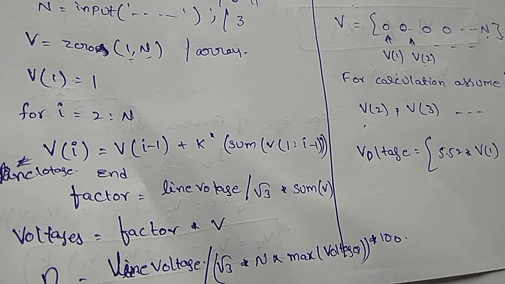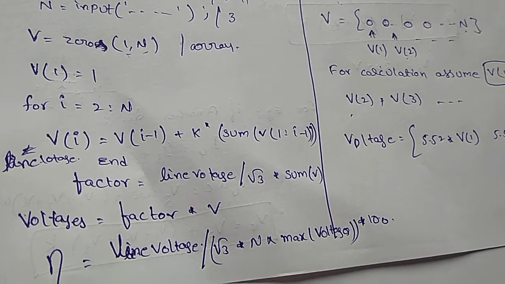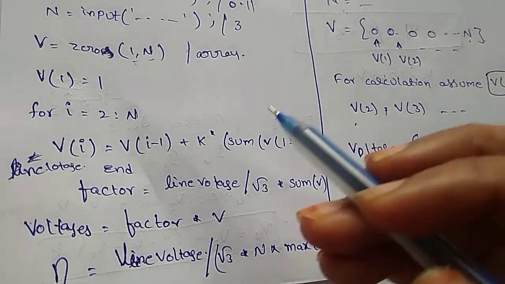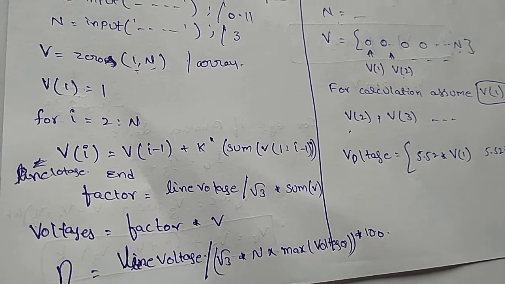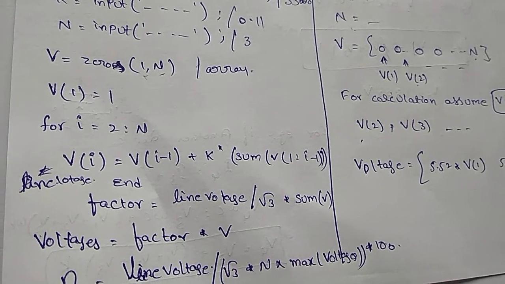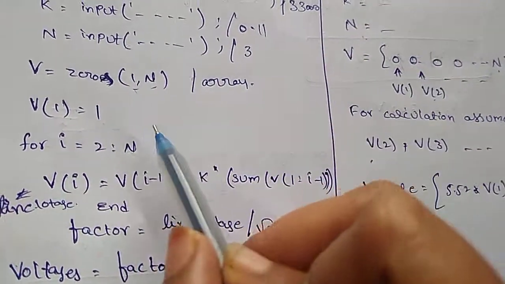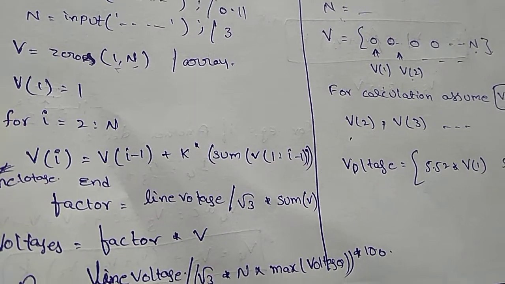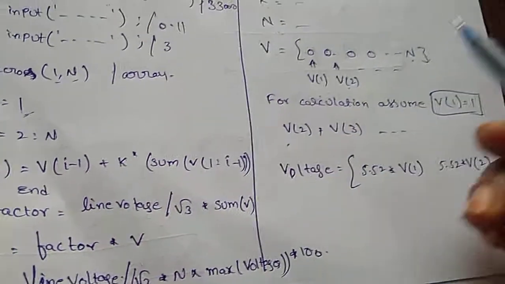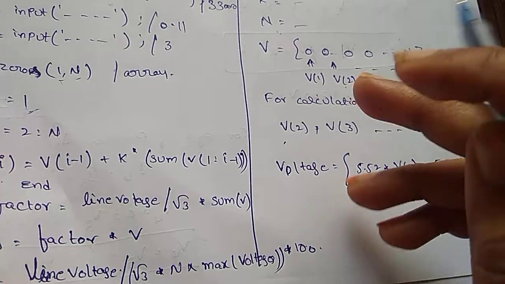You can assume any other value, there is no issue, but it is mandatory that when converting into an actual value, you divide by that factor. To avoid that confusion, I just assume V of 1 as 1.